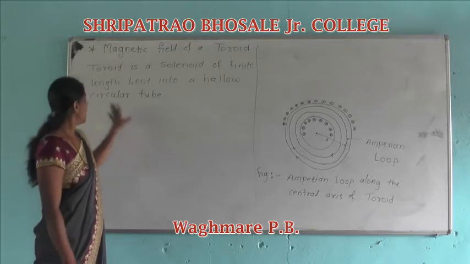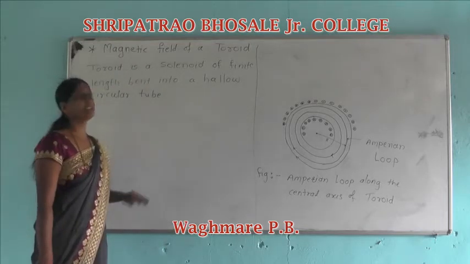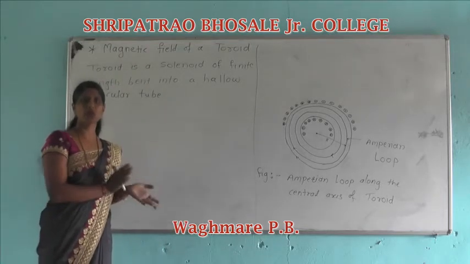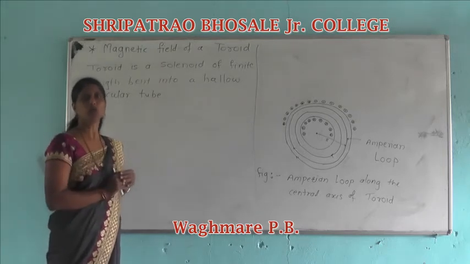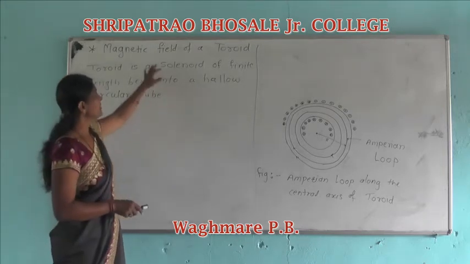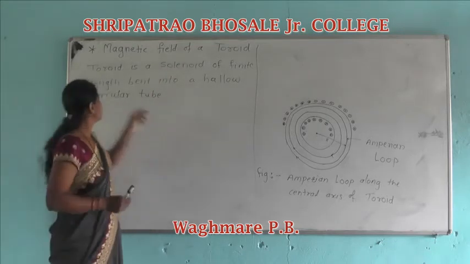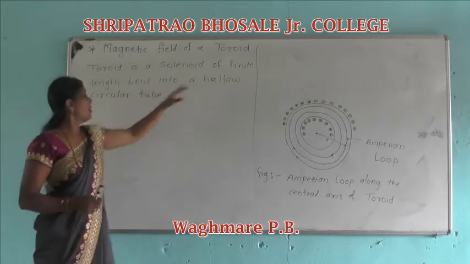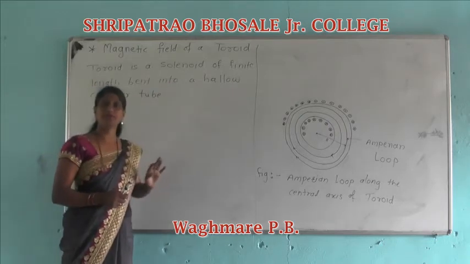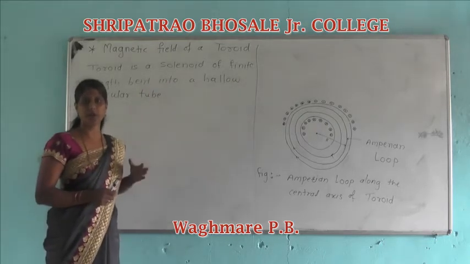Now, a toroid is nothing but a solenoid. But when this solenoid, of finite length, is bent into a hollow circular tube, then it is called a toroid.